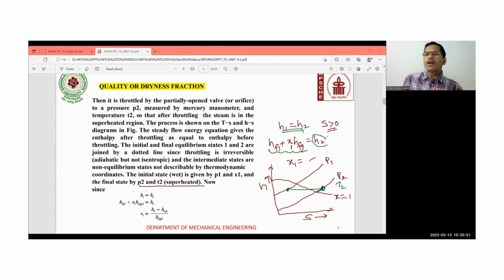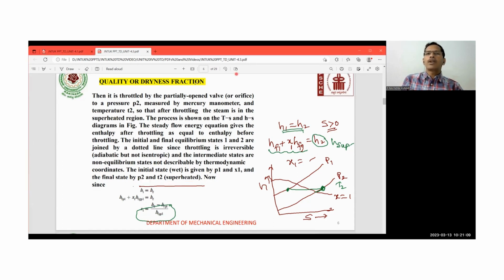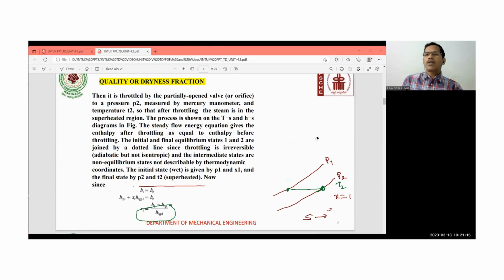Then you have to record H2, which is the superheated steam property, and with that you are able to find out the quality of a steam. So the throttling calorimeter is used to find the quality of a steam. This is all about the throttling calorimeter.